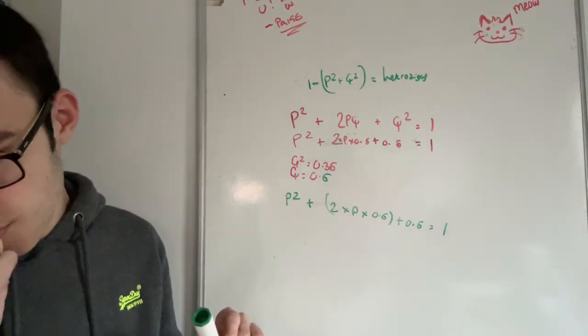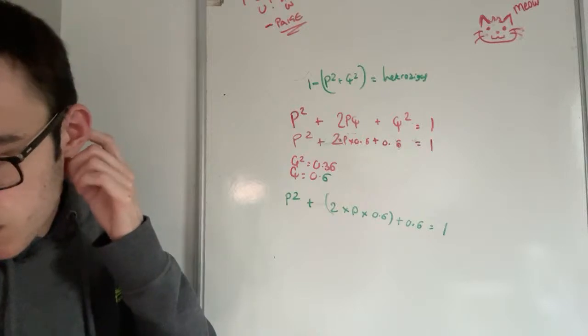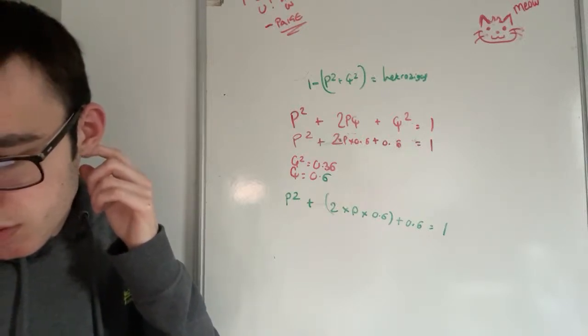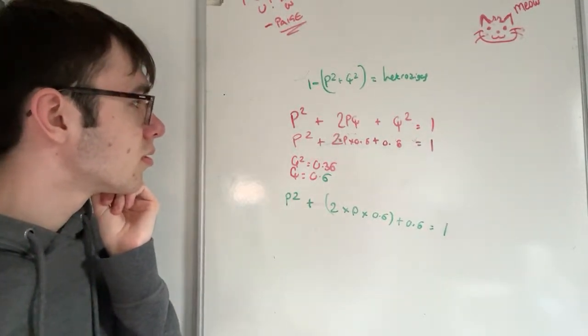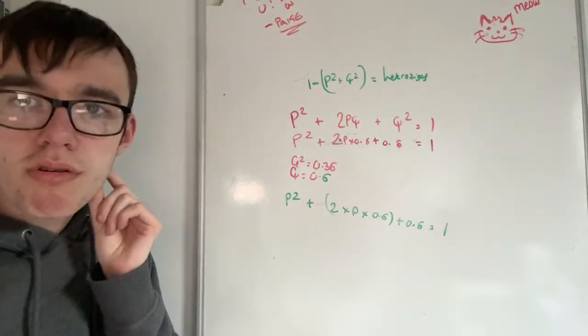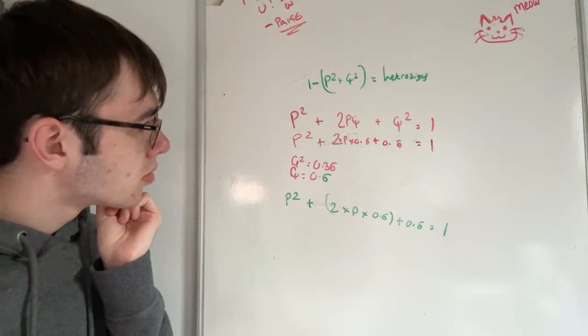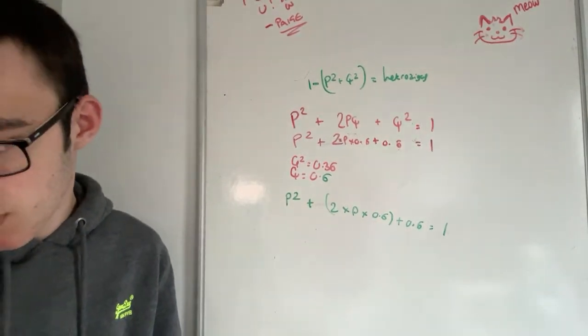Since p plus q equals 1, p plus q equals 1? What? Where did that come from? What do you mean p plus q equals 1?